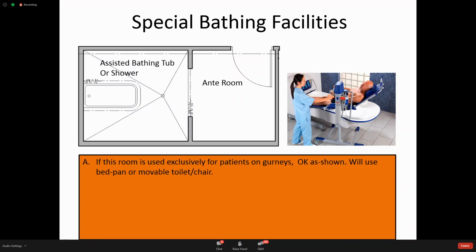But if you're in the unfortunate circumstance of remodeling one of those, and they're going to maintain that shower or bathtub for multiple patients to use, what you need to understand is the accessibility portions of code mandate that along with the shower, you have to have a toilet and lav.